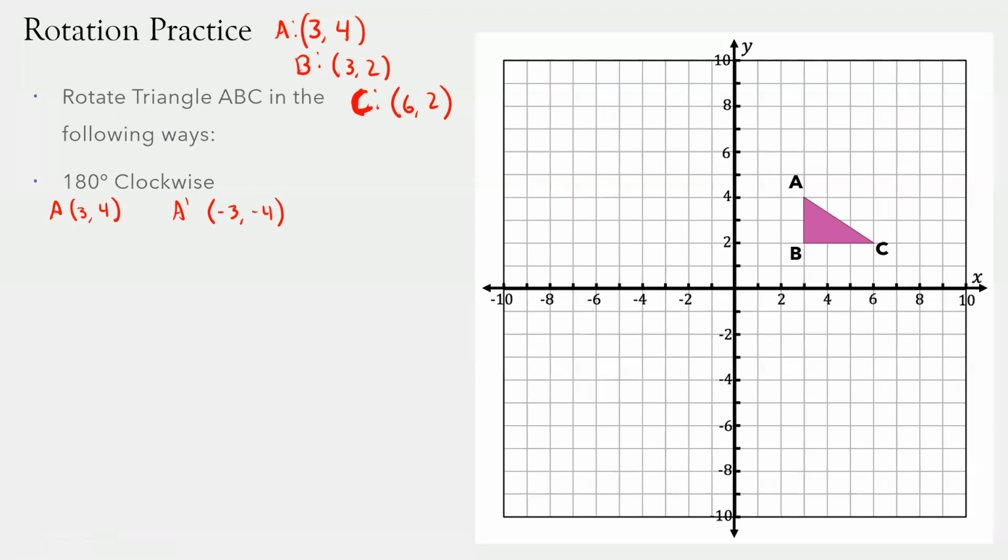Good, Aiden. That's good for B prime. And that's good for C prime. We're still missing a lot of people. Brennan, those are good. Yeah, Aiden, I can go back to them after we're done and let you copy them all down. But you definitely want to have these written down.